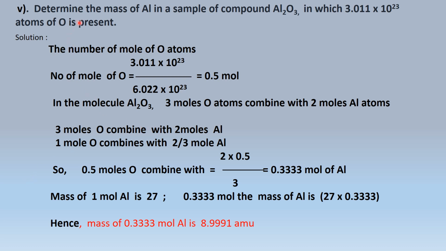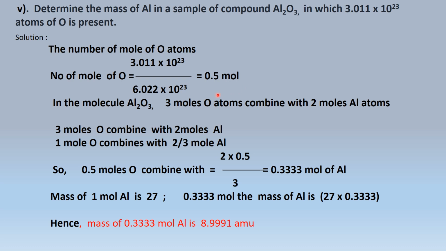Determine the mass of aluminium in a sample. The compound is Al2O3, which contains 3.011 into 10 to the power 23 atoms of oxygen. The number of moles of oxygen is 3.011 into 10 to the power 23 divided by Avogadro number, that is 0.5 mole.